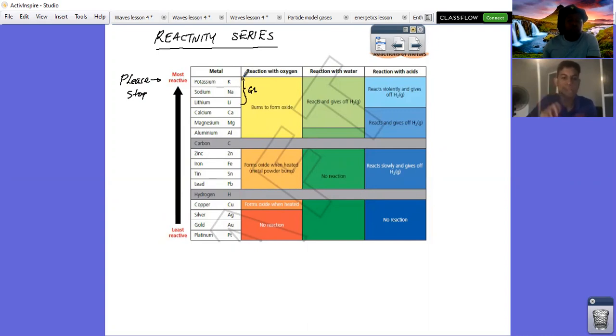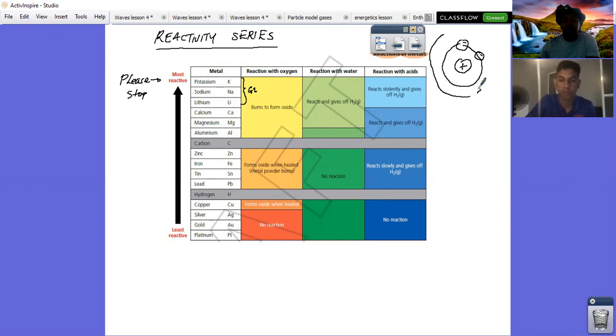So with group 1, as with group 2, the reactivity increases as you go further down the group. Lithium is found at the top of the group, then sodium, then potassium. The reason why the reactivity increases is because the number of shells around the nucleus of the atom increases as we go down the group. If you imagine an atom, it has a positively charged nucleus, and then you've got these electrons that are negatively charged.